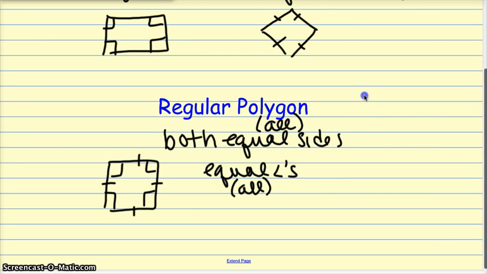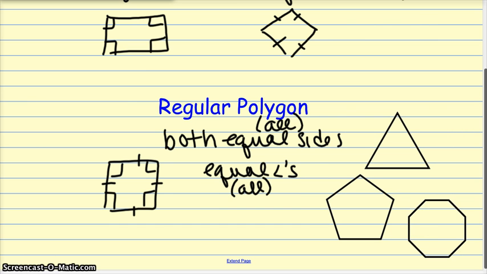So we have a regular triangle called an equilateral or equiangular, pentagon, octagon, where all of the interior angles are the same. And where each side is the same as well.